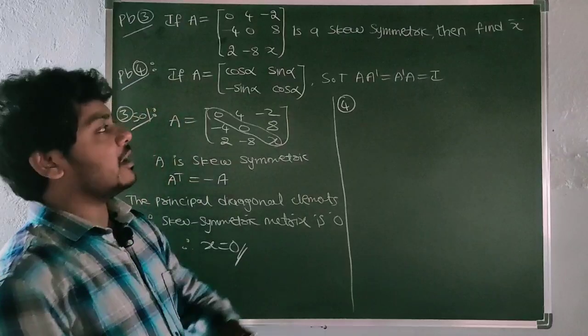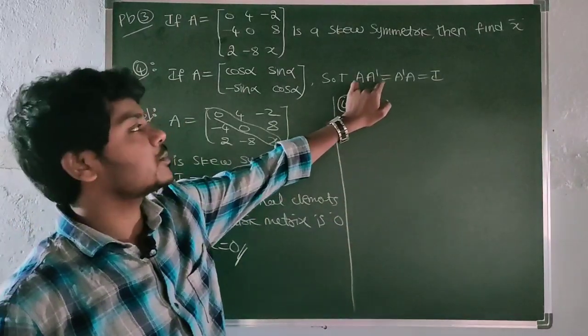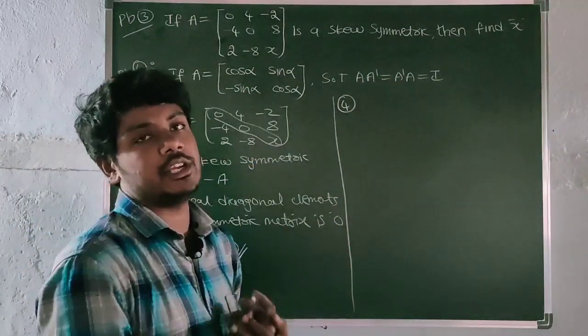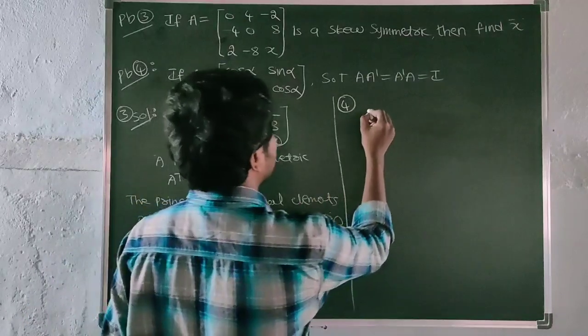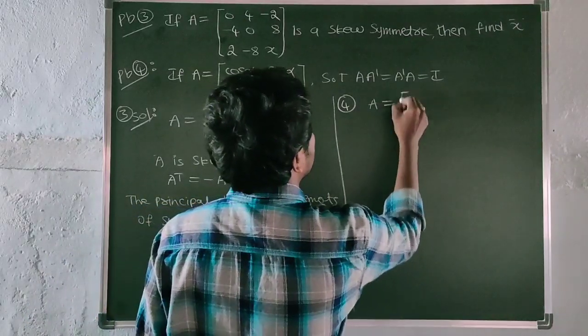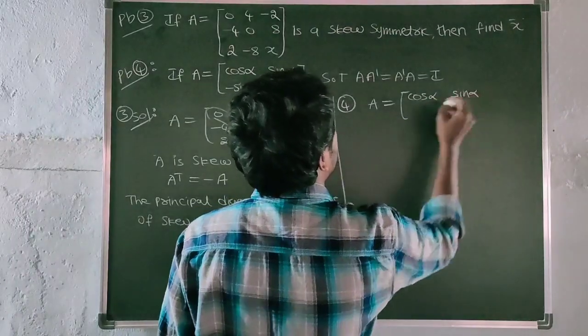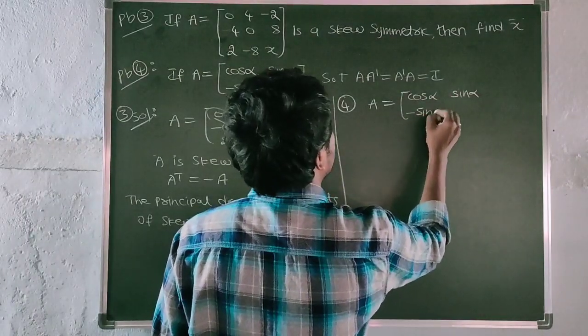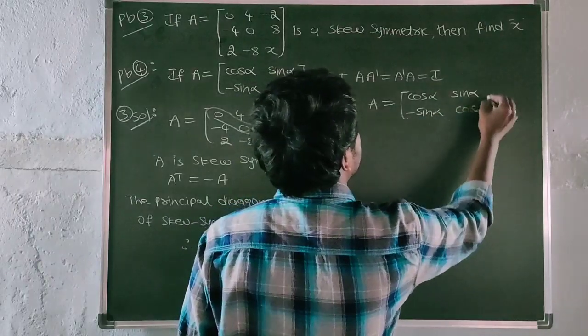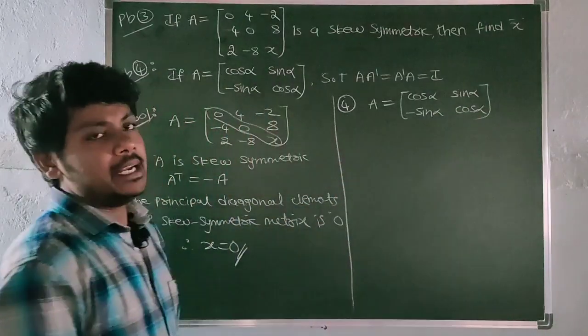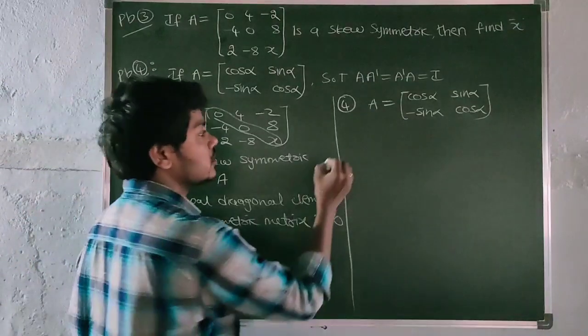So here A is given, then show that A into A transpose is equal to A transpose into A, which is I. So you see here A is equal to cos alpha, sin alpha, minus sin alpha, cos alpha. Now find A into A transpose.